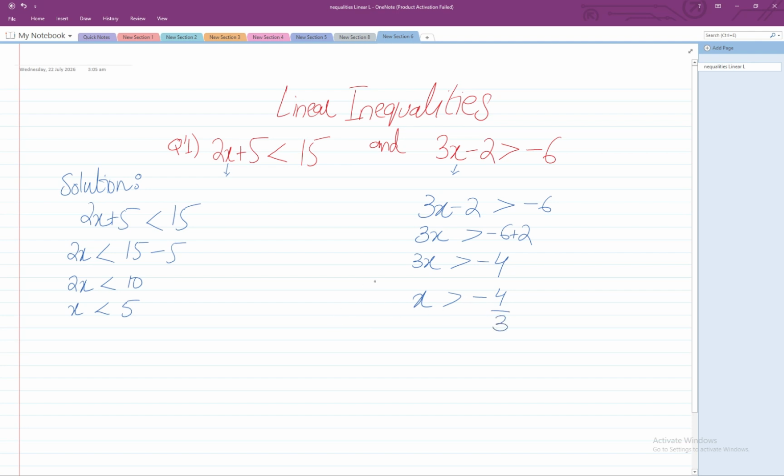So we have these two values of x for these questions, and in the next video we will show how to represent these values on the number line. Right now we are just solving the inequalities.